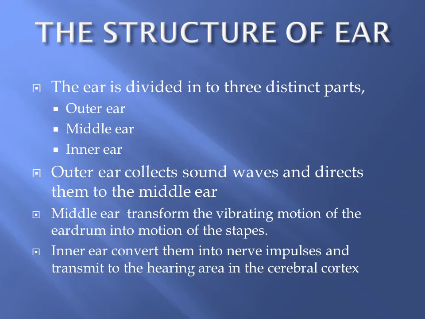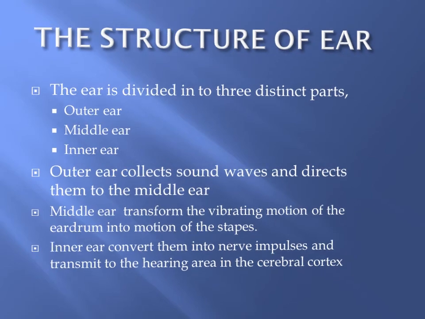The outer ear collects sound waves and directs them to the middle ear, and the middle ear transforms the vibrating motion of the eardrum into motion of the stapes. The inner ear converts them into nerve impulses and transmits them to the hearing area in the cerebral cortex.